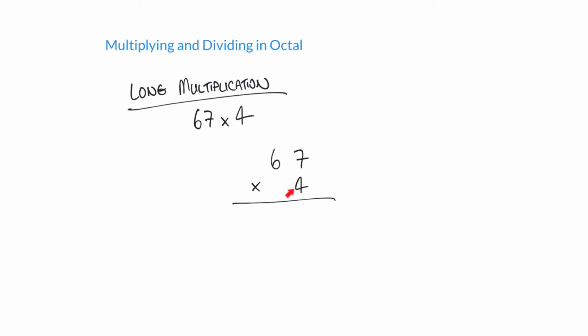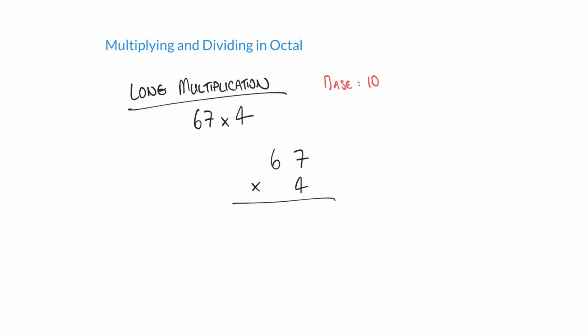We're going to multiply 4 times 7, and 4 times 7 gives us 28. When it comes to our method, we have to remember here that we're dealing with decimal numbers which are to the base of 10. So I'll just make a little note above here. We have a base of 10, and that means we're going to carry tens to the next column.